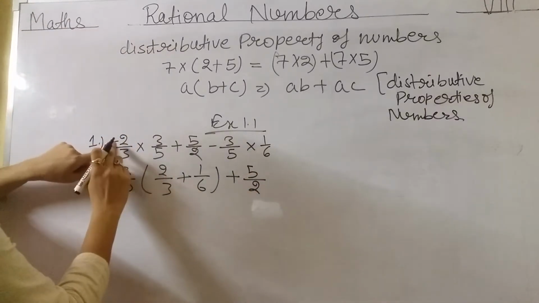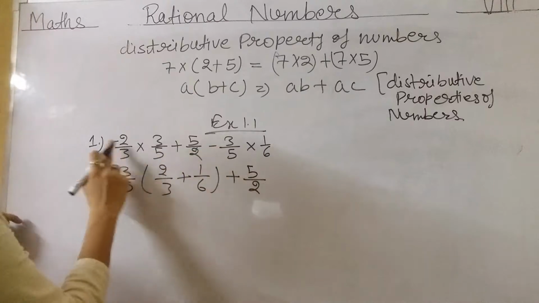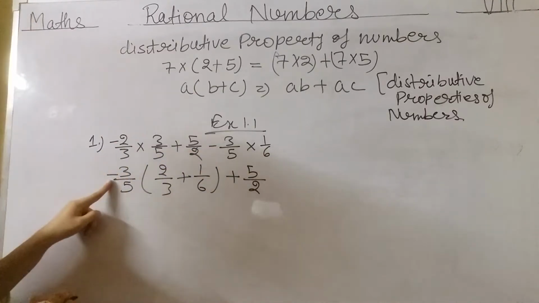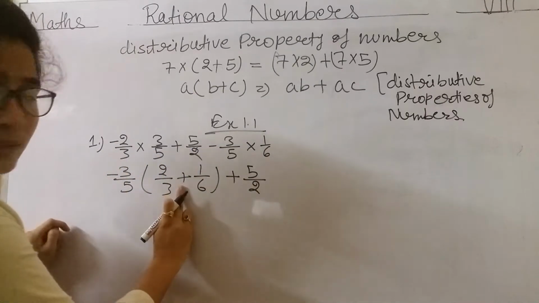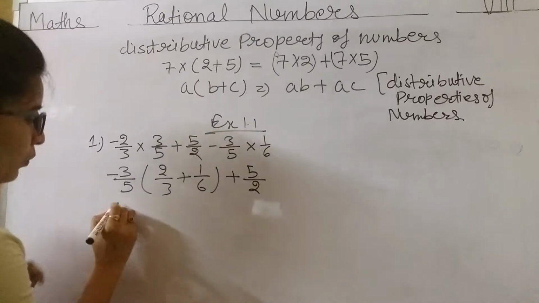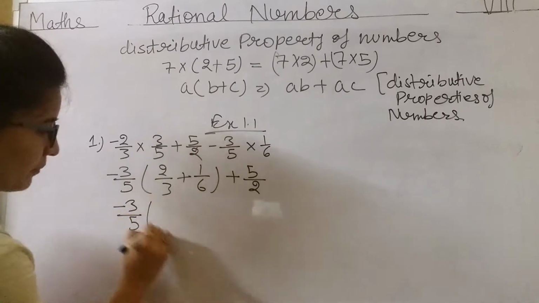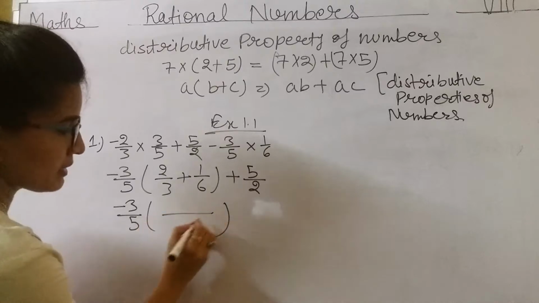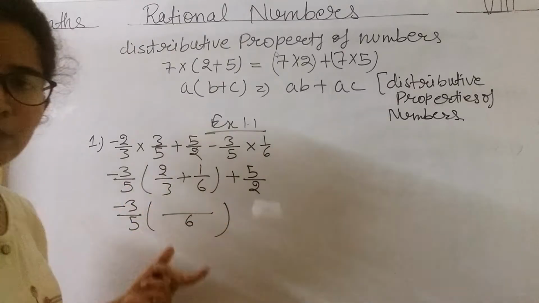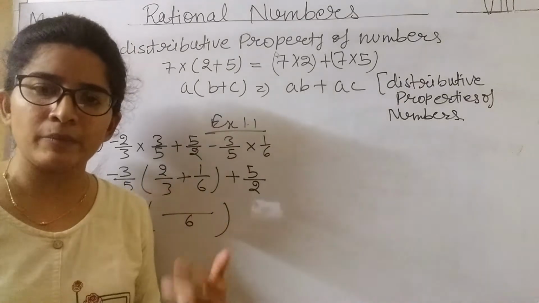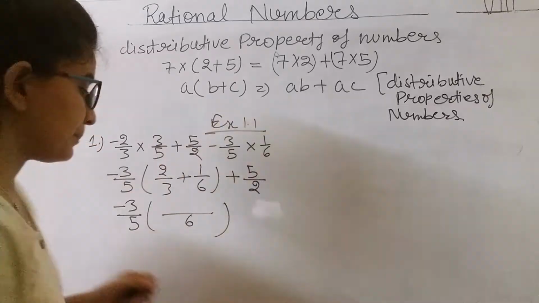Now for these two minus signs, I take a common minus here, and inside the bracket this will be plus. Now I will take the LCM of these two numbers, that is 6, because the LCM of any two numbers which are coming in the same table is the bigger number.